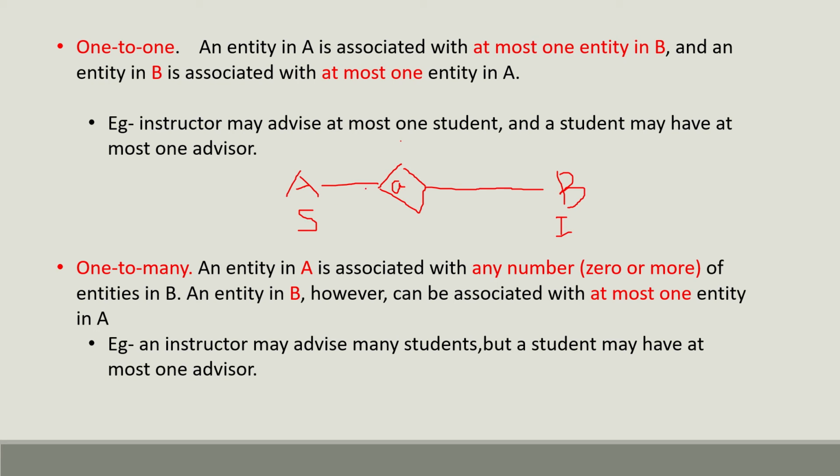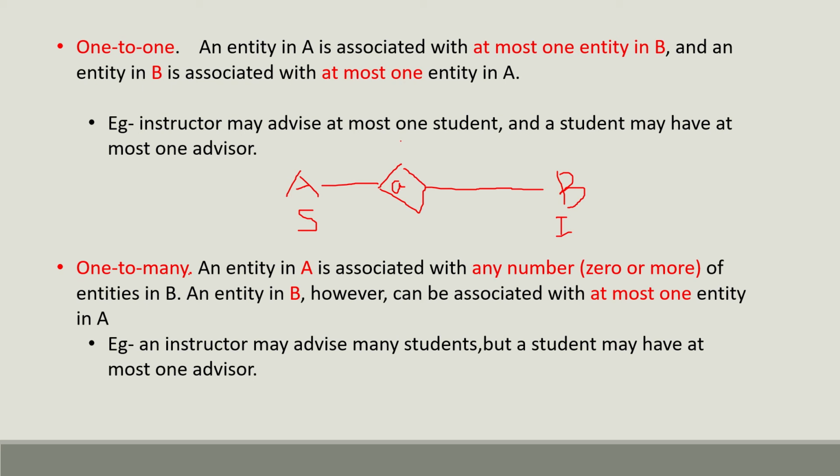If you take one student and he has only one instructor in the instructor set, then it is called one-to-one. And if you take one instructor and he is advisor of only one student, then it is also called a one-to-one cardinality or one-to-one relationship.